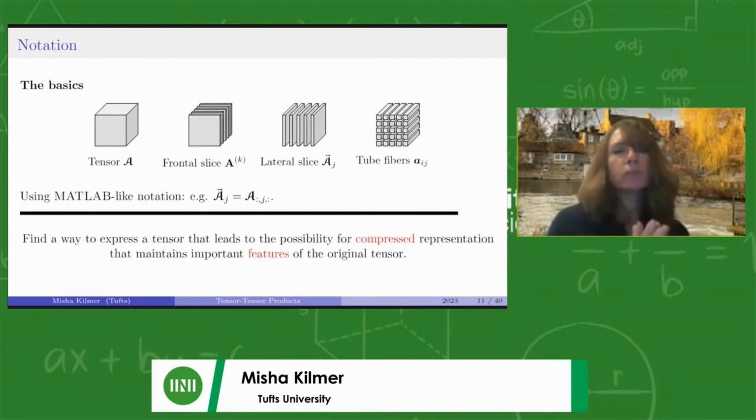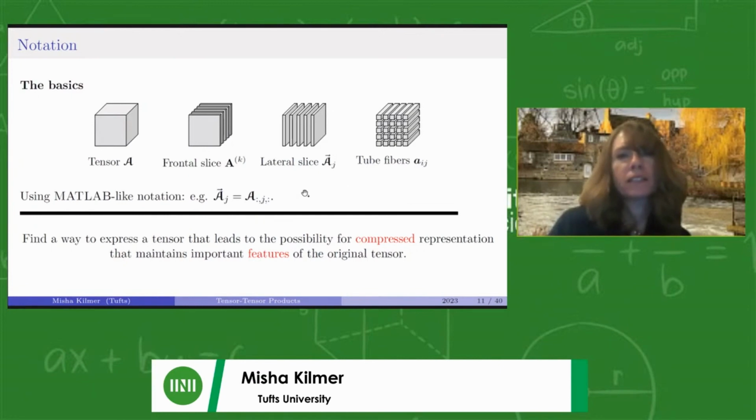So in terms of the perspective I'd like for this talk, I took a 3rd order tensor, and I chunked it up in 3 different ways. And there are more ways that I could do this, but these are the ways that are most relevant. So if I slice the tensor front to back, you observe that each frontal slice of a tensor is a matrix.